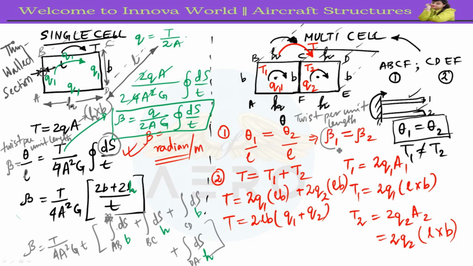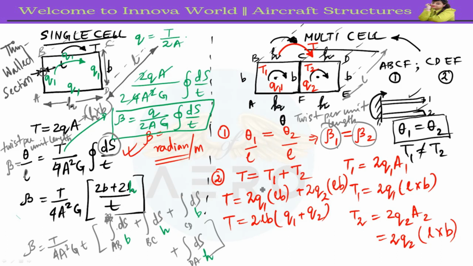That means beta 1 is equal to beta 2. Now what is beta? Beta refers to theta 1 by L, where L is the length of the beam, for cell 1, and the angle of twist per unit length for cell 2. Right? This is one condition.